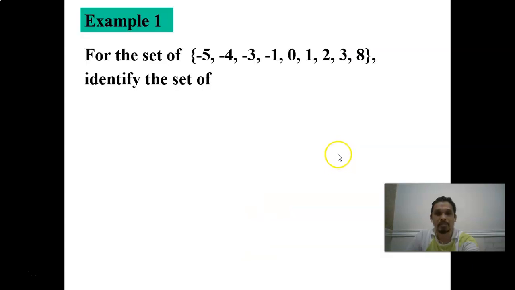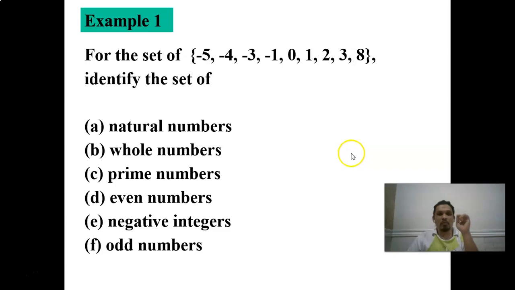Okay, so example number 1. We are going to identify the set of natural, whole, prime, even, and negative odd numbers from the set of numbers given here. We're going to identify one by one.